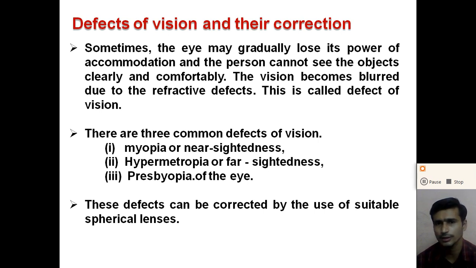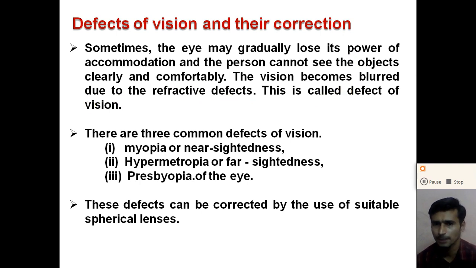So if the power of accommodation is lost, the person cannot see the object clearly and comfortably, and the vision becomes blurred due to refractive defects, right? So we can see only blurred objects, and the image is formed blurred.